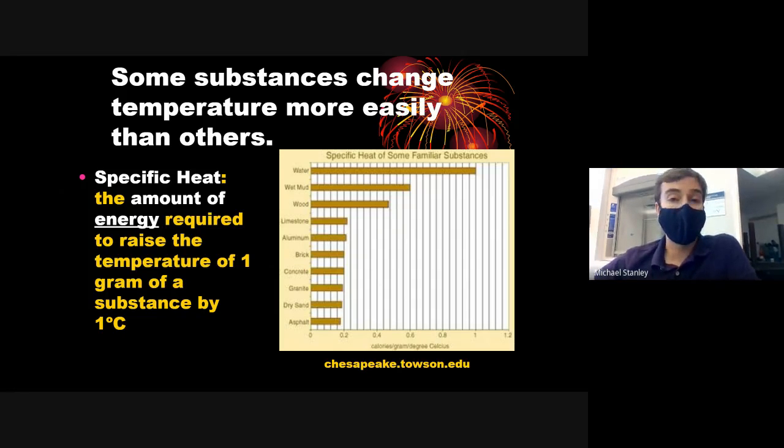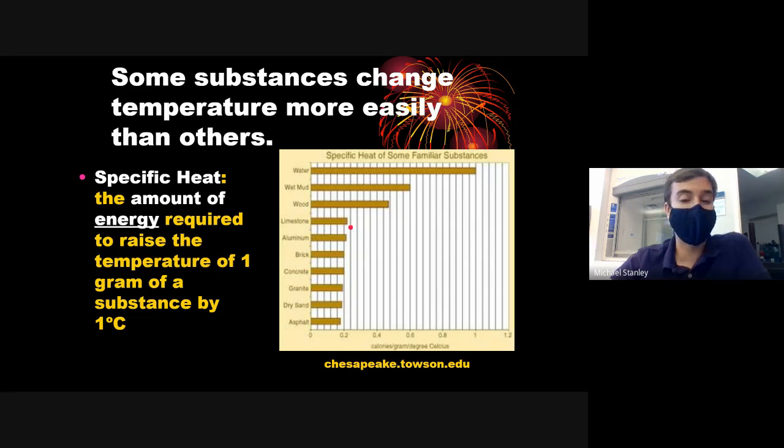Depending on how much water you have in there, it could be 7-8 minutes before it starts boiling. So the specific heat of water is actually pretty high compared to other stuff. So it takes a relatively large amount of energy in order to heat up water.